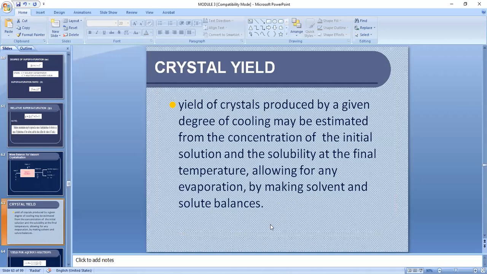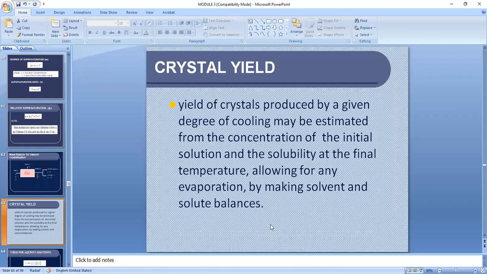So if you read Geankoplis, the problem there does not have the formulas that I will be sharing with you. Why? Because it's using solvent and solute balances. Whereas the one that is introduced by Coulson deviates from the usual material balances using solvent and solute balances, and accounts already for, as I mentioned in evaporation, even the elevation in the boiling point temperature.